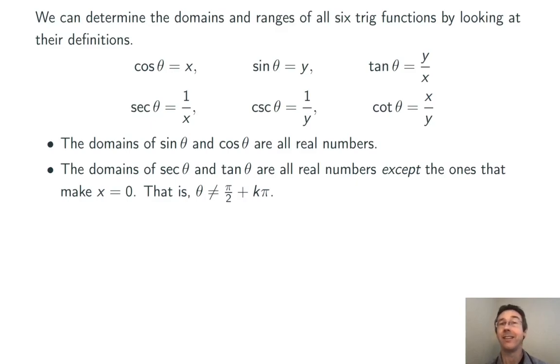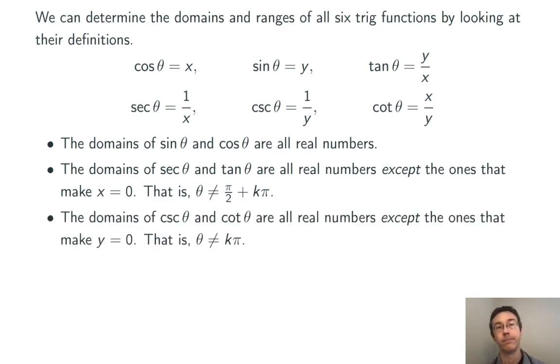So tangent and secant are going to be defined for all angles except pi over 2, 3 pi over 2, 5 pi over 2, and so on. Pi over 2 plus k pi, where k is any integer. Similarly, the domains of cosecant theta and cotangent theta are all real numbers except the ones that make y equal to 0.